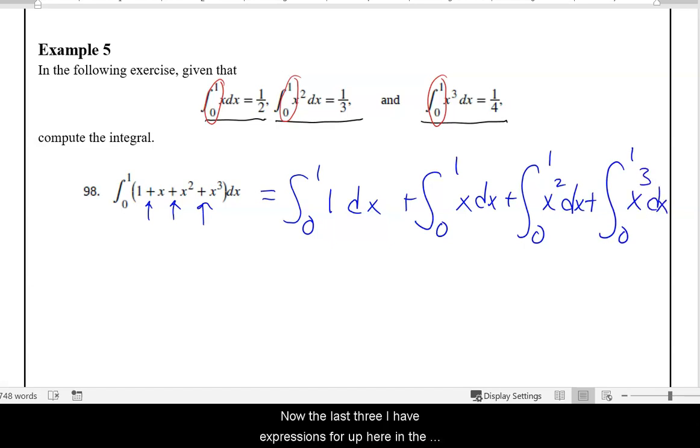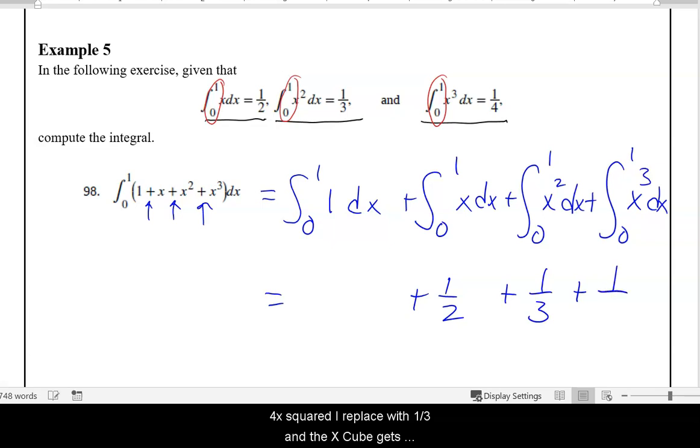Now the last three I have expressions for up here in the directions. I know what the last three are going to be. For x dx, I replace with 1/2. For x squared, I replace with 1/3, and x cubed gets replaced with 1/4.